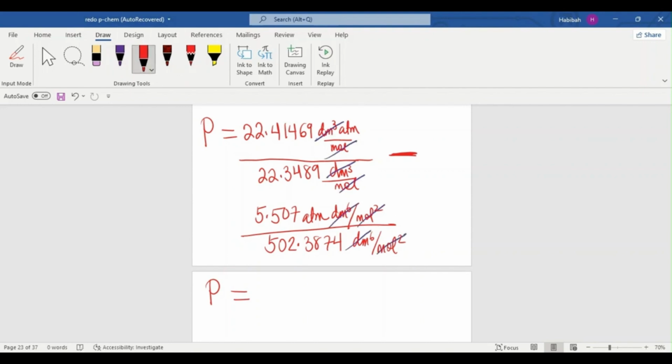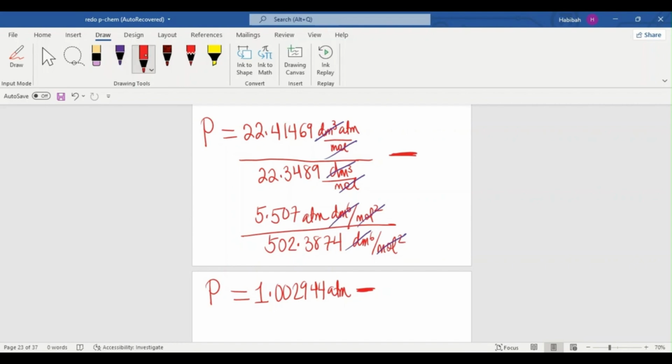So you end up with 22.41469 divided by 22.3489 atmospheres. When you do that division, you end up getting 1.002944 atmospheres, minus 5.507 divided by 502.3874 atmospheres.